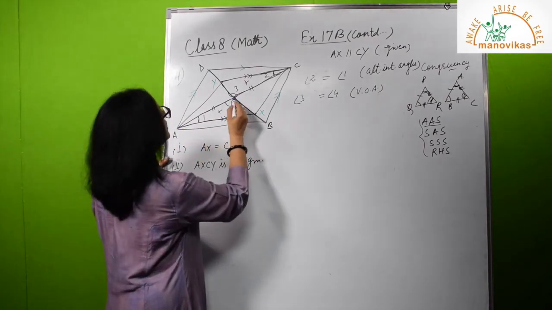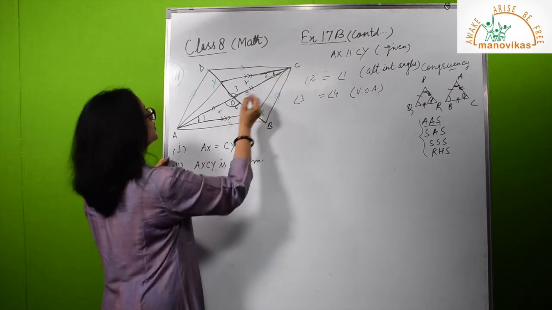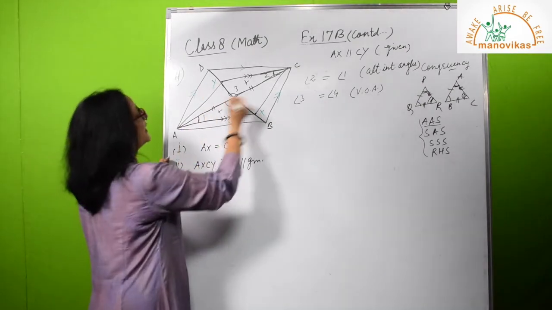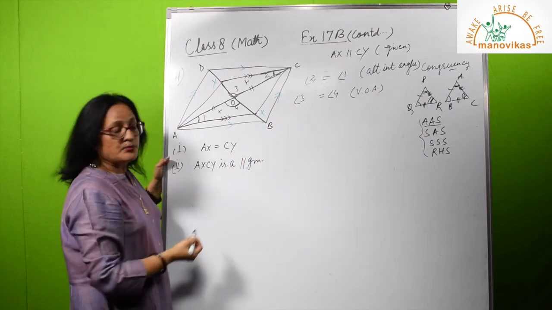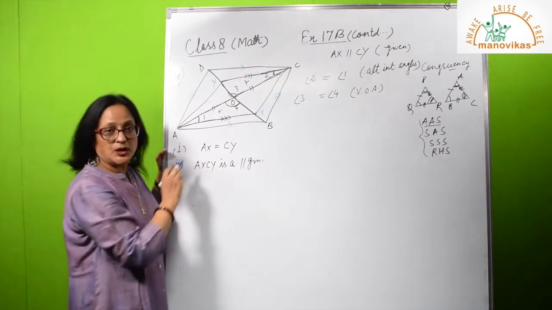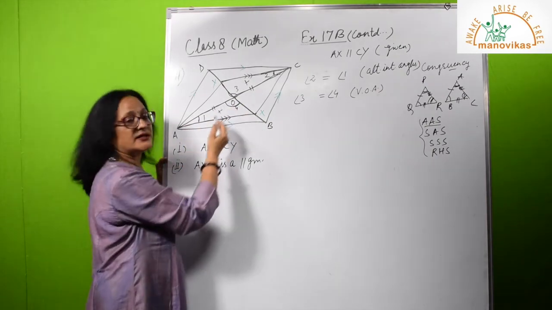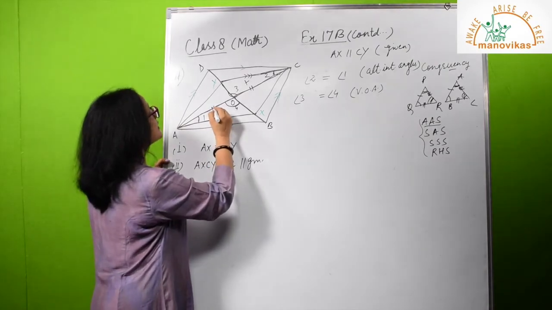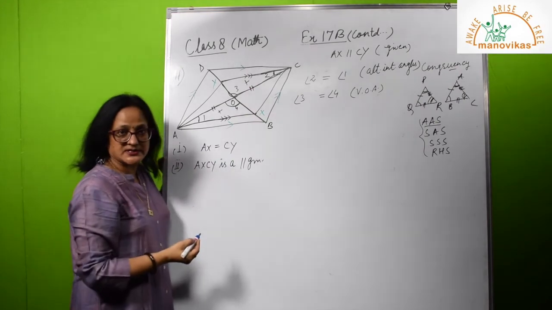If you see AO and OC, these two are part of diagonal AC only. And diagonal AC is being intersected by BD. Because ABCD is a parallelogram, and the parallelogram property is that diagonals bisect each other. If they bisect each other, this means this part AO is equal to OC, isn't it?